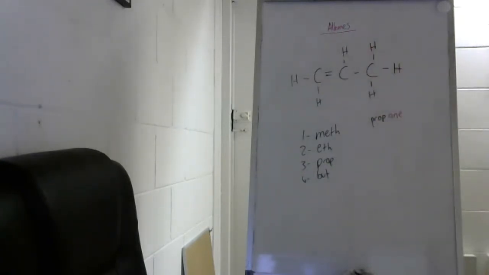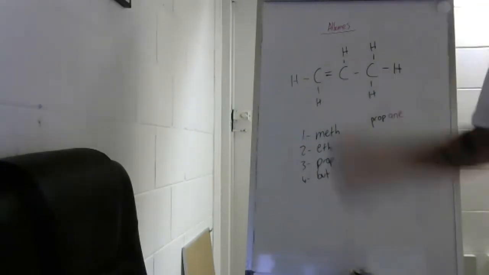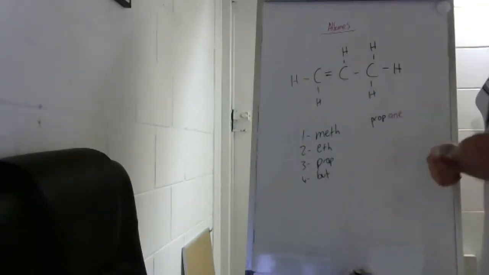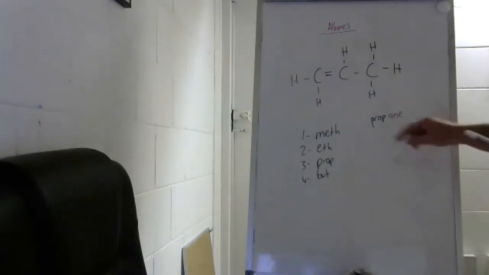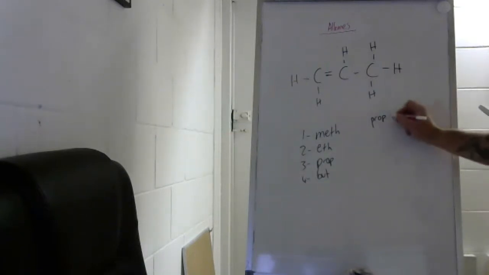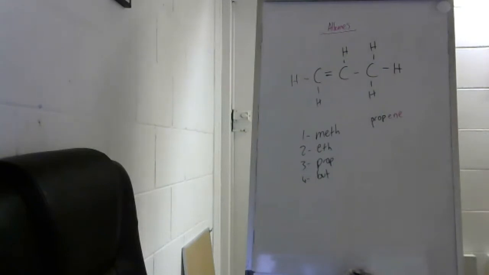If you are drawing molecules in your exam, you will lose marks for putting too many hydrogens in. Happens with students I had last year. So this is exactly the same, but we name it propene.